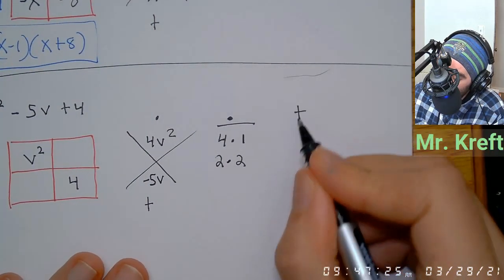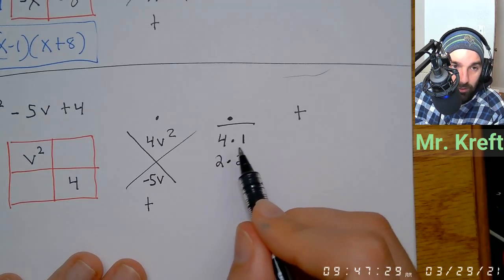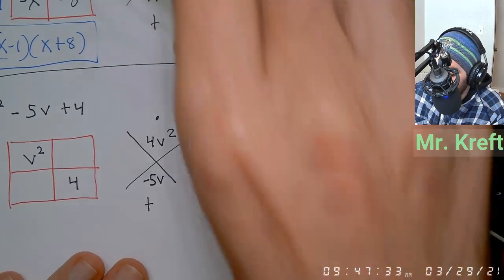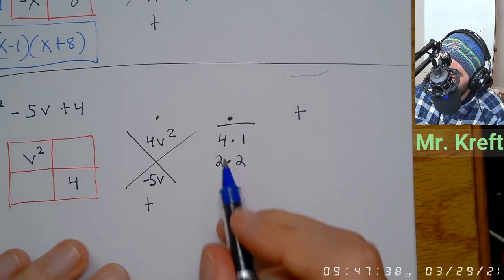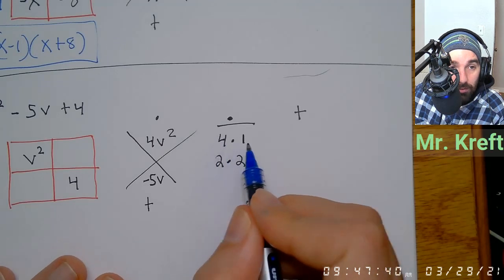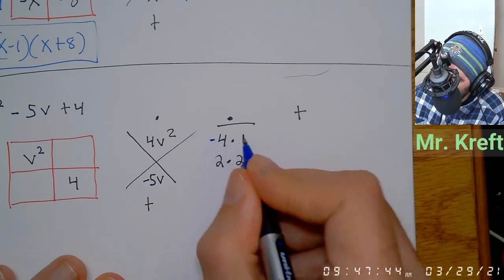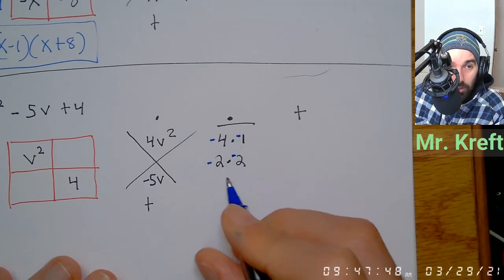Now the next thing we're looking at is adding. They have to add to a negative number, but there's no way 4 plus 1 equals a negative number, and there's no way that 2 plus 2 equals a negative. That's where we have to add in these negatives. We have to remember a positive times a positive is a positive, but also a negative times a negative is a positive.